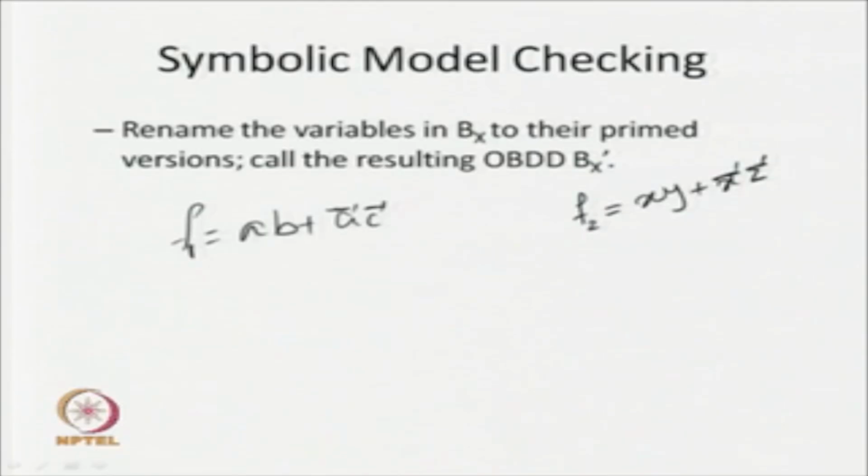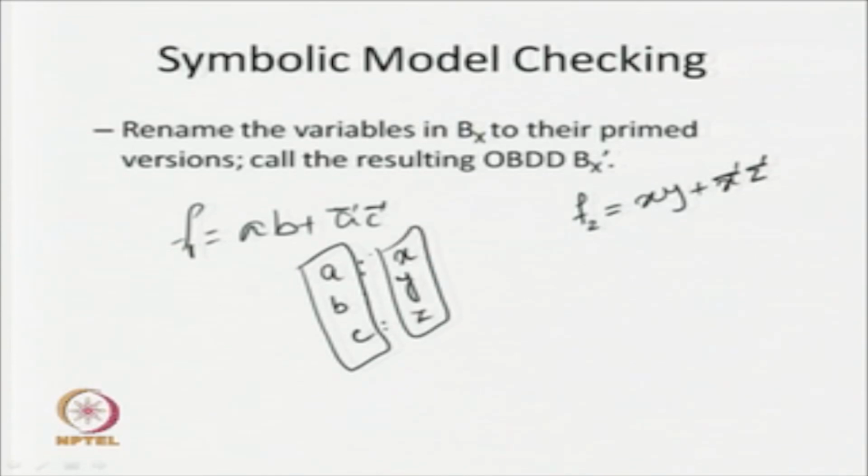If you look at these two functions f1 and f2, you can realize that they are equivalent, because variable a corresponds to variable x, variable b corresponds to variable y, and variable c corresponds to variable z. The names of the variables are different; we are just renaming the variables from a, b, c to x, y, z.